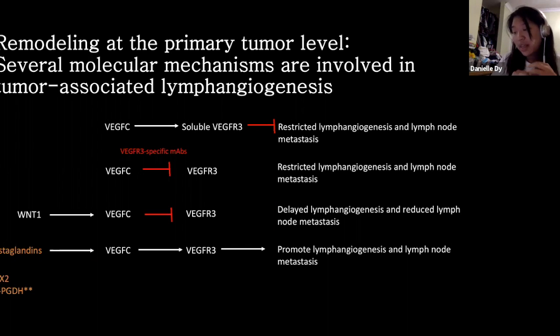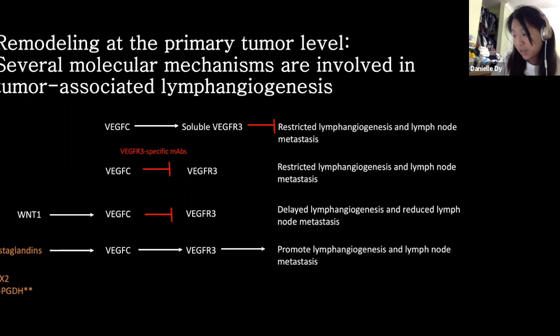And essentially that COX-2 molecule is responsible for synthesizing prostaglandins. So when you had an increased expression of COX-2, you had an increased amount of prostaglandins, and then their ability to bind to their respective receptors. That's where you also saw the pathway to the receptor-ligand interaction with VEGF-C, VEGFR3. And then you again got the promotion of lymphangiogenesis.